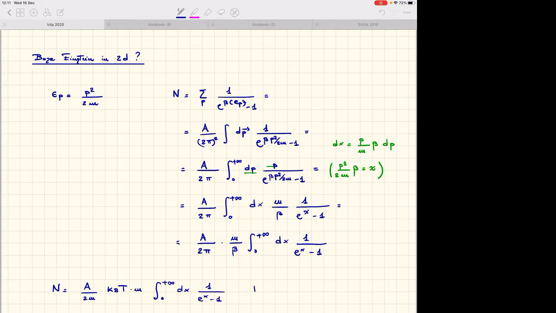And therefore, what I get is that my Tc in this case is n divided by all of this stuff, A over 2 pi times kB m times the integral 0 to plus infinity dx of 1 over e to the x minus 1. Right?